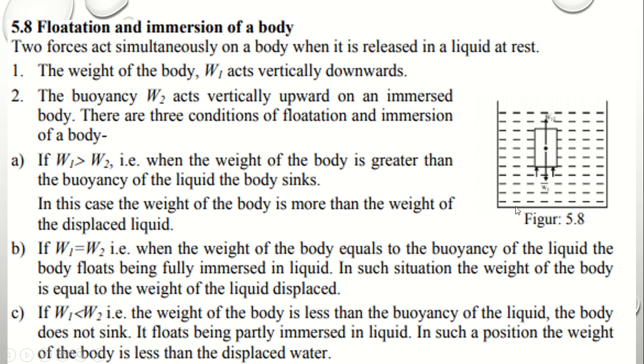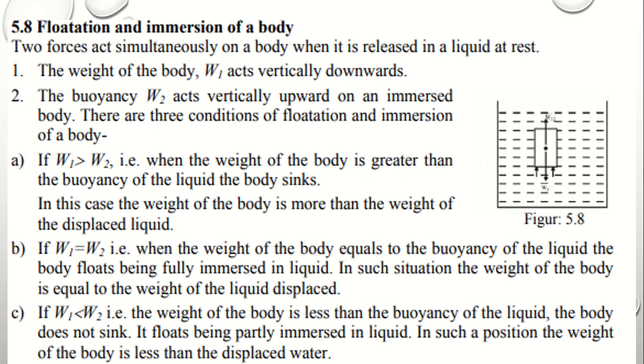Number three condition, W1 is less than W2. W1 means the weight of the object and W2 means the buoyancy or the buoyant force, that means the weight of the displaced water. So if the weight of the object is less than the weight of the displaced water, then the body can be floating on water being partially immersed in the liquid.